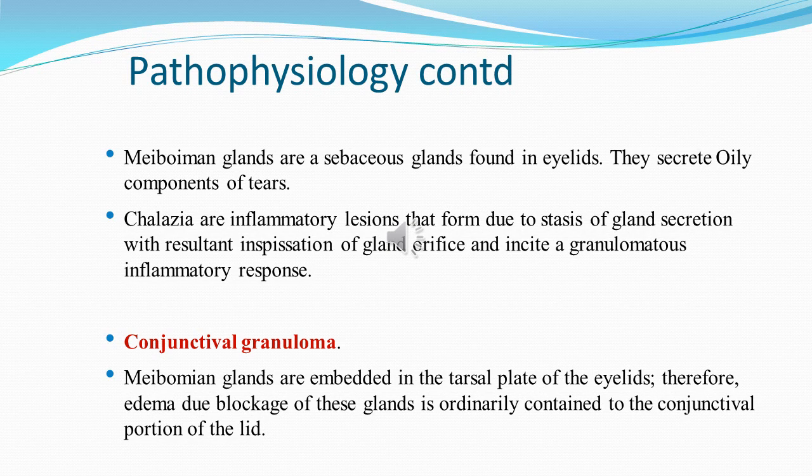The precursor for this is duct obstruction, then stasis of the lipid material that is produced in the glands, and then invasion by slow inflammatory organisms causing inflammation. This can present on the conjunctival side or on the lid margin, and when it is present on the lid margin we call it a marginal chalazion. Otherwise it is usually present on the under surface of the lid.